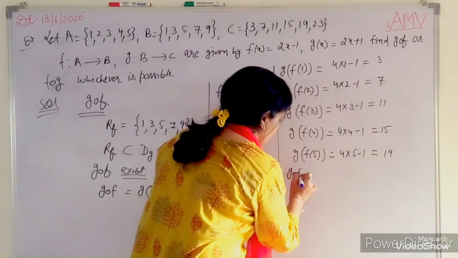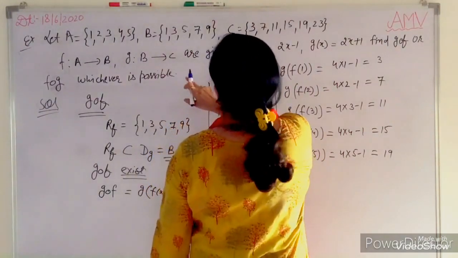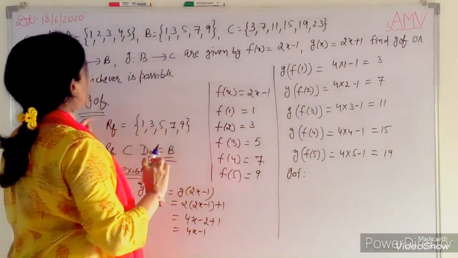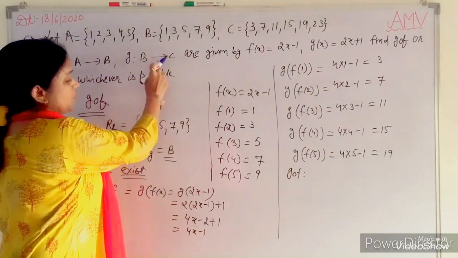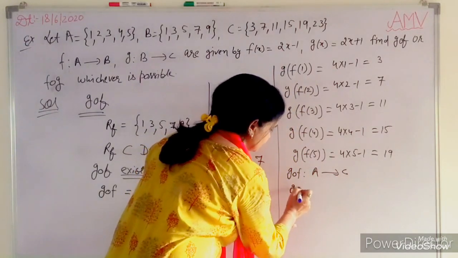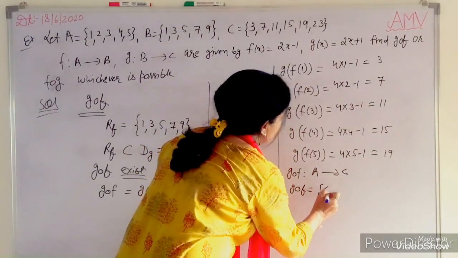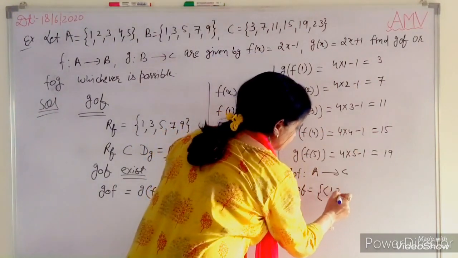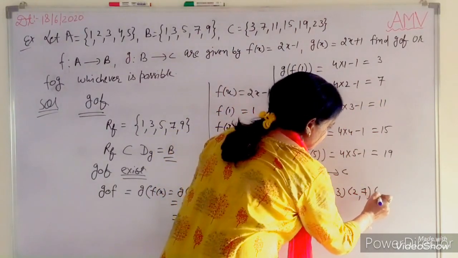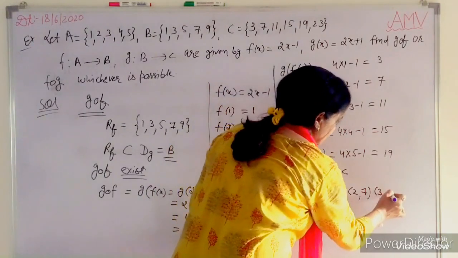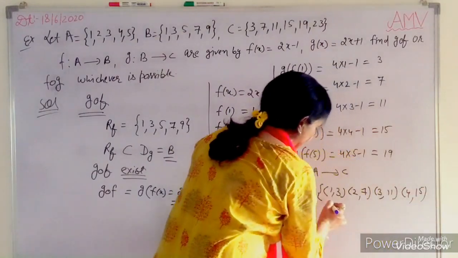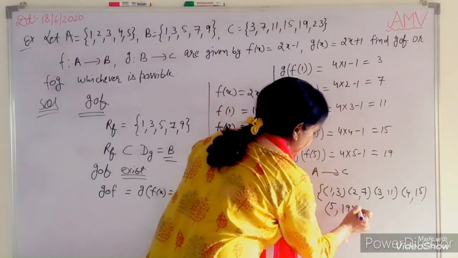So gof is from which set, student? We are finding gof, so gof is from A to C and given by 1 to 3, 2, the image of 2 is, student, 7, 3, the image of 3 is 11, 4 goes to 15 and 5 goes to 19.